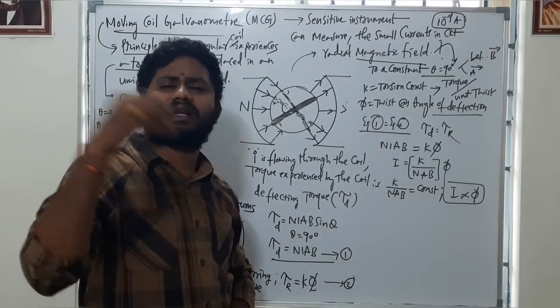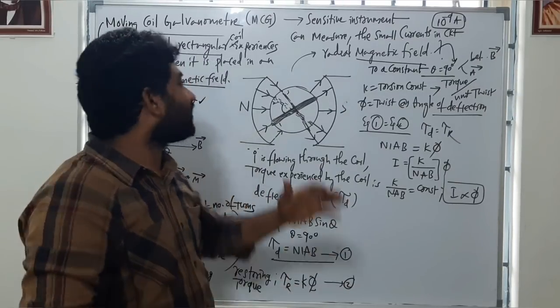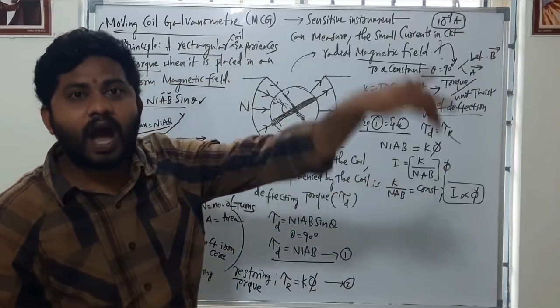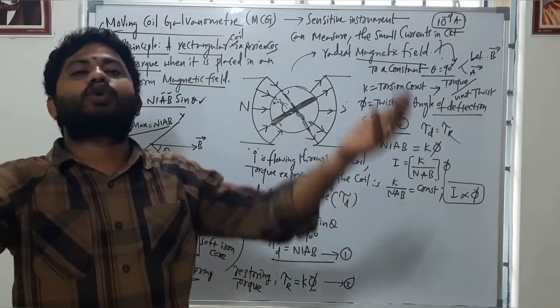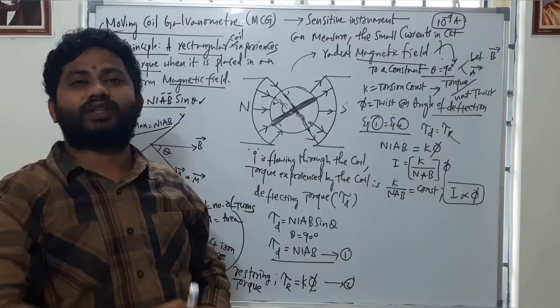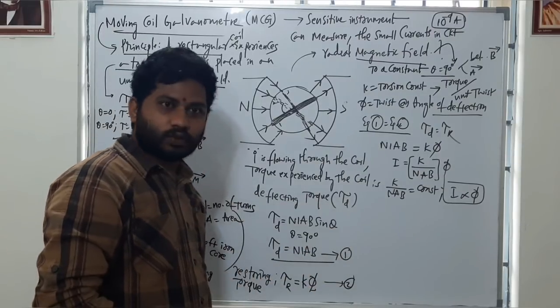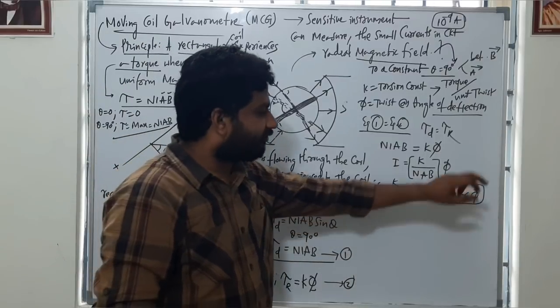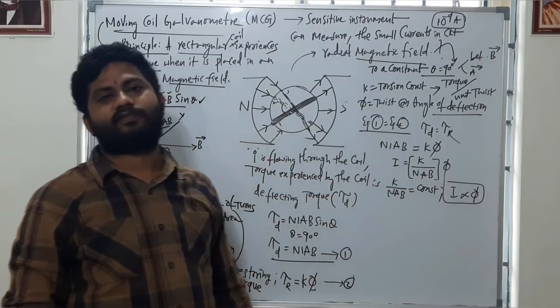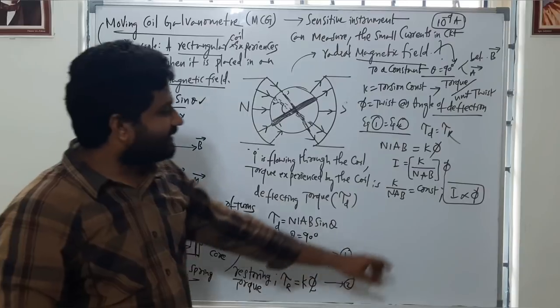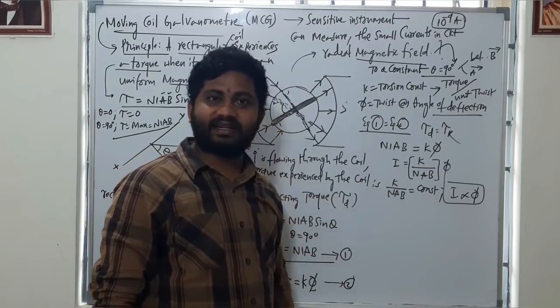By adding some more electrical components, we can convert this galvanometer into an ammeter to measure huge magnitude currents in the circuit also. Okay, is it clear? So now come back to this one. This is the main concept of the moving coil galvanometer. When less is the current, there will be a deflection identified.